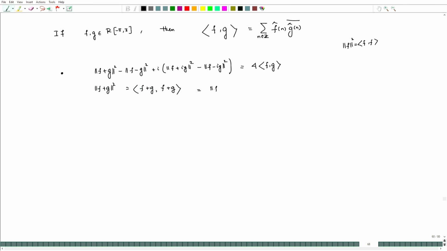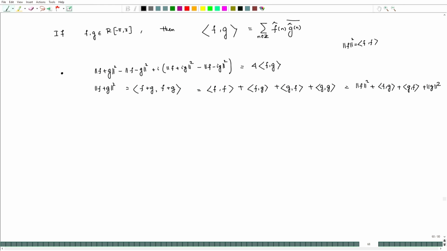This will imply this is norm of f squared plus f g plus g f plus g g, which is norm of f squared plus f g plus g f plus norm of g squared.